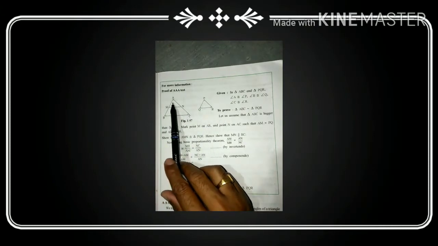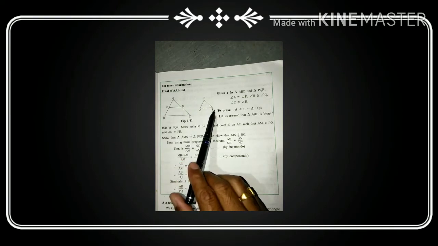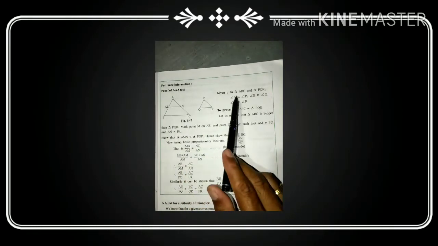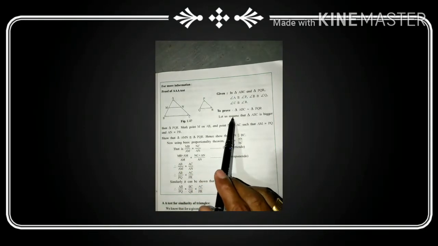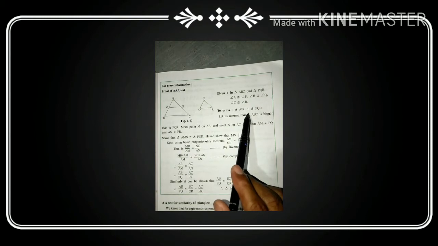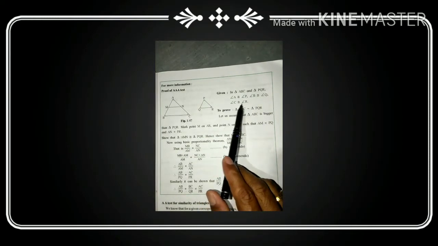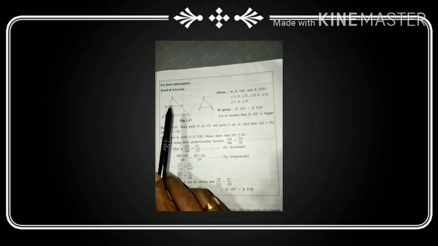In this test, suppose triangle ABC and triangle PQR are given, and in this data angle A is congruent to angle P, angle B is congruent to angle Q, and angle C is congruent to angle R. Means what?